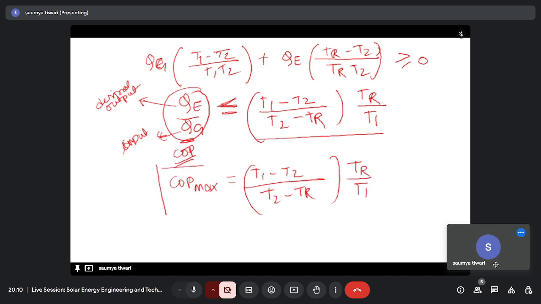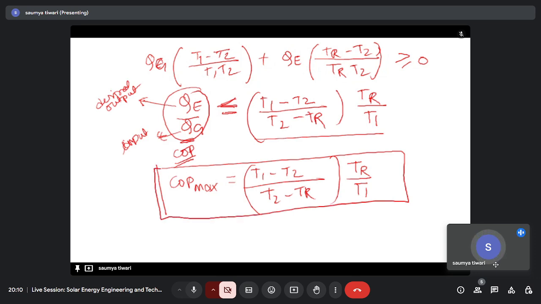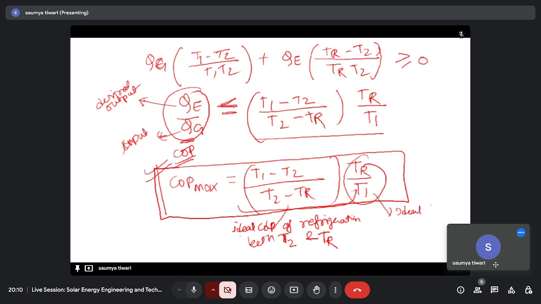If you note this formula we have derived, this is basically the ideal COP of a refrigeration cycle between your T2, the sink, and your cooling space.